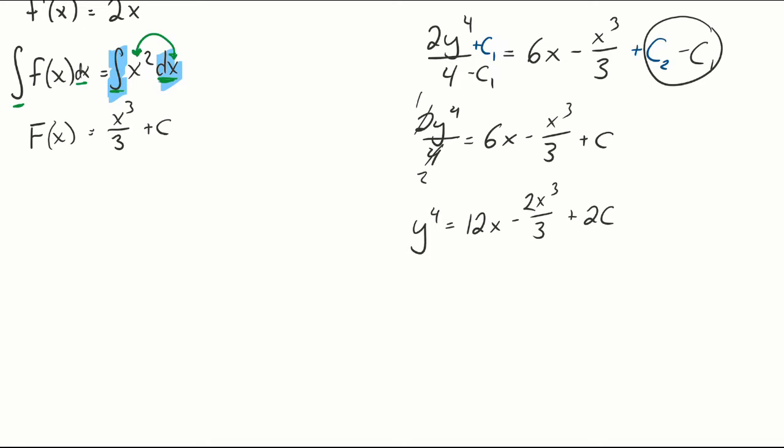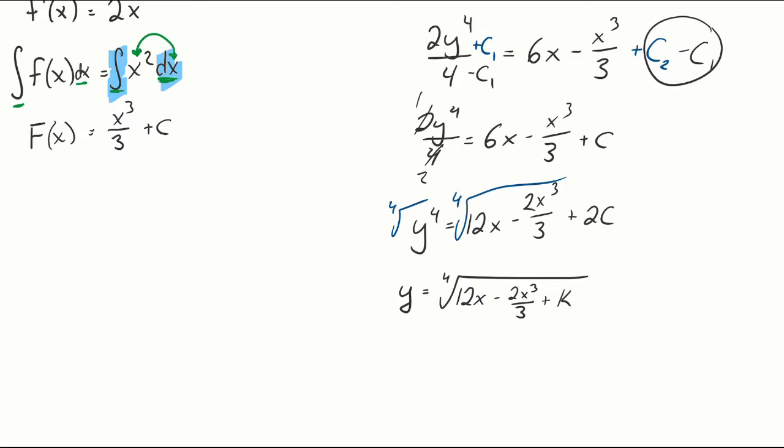Once again, with this, we'll see something we'll do with our constant there. All right, and now to get rid of y to the 4th, I've got to take the 4th root of both sides. Okay, and that will cancel out the left side. So I end up with the equation y is equal to the 4th root of 12x minus 2x cubed over 3 plus k.